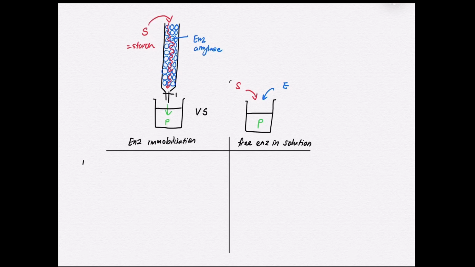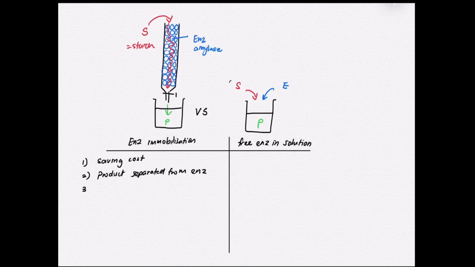Number one, we know that this technique can be saving costs because your product is separated from the enzyme. Therefore, you don't need to spend money on purification of product. Always make sure that anytime you talk about saving costs or it's more costly, you actually qualify it by giving an explanation.